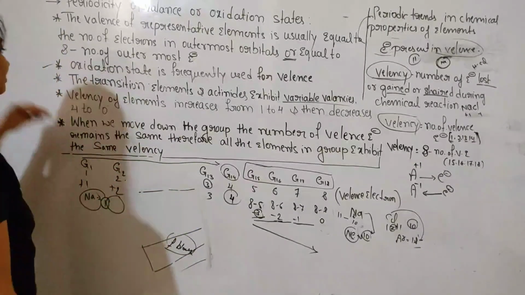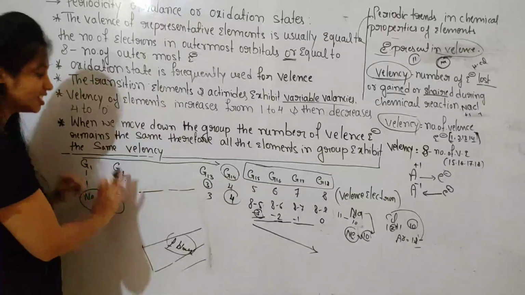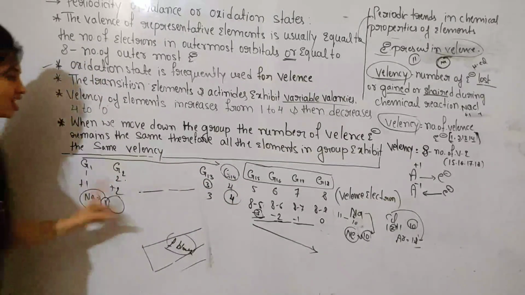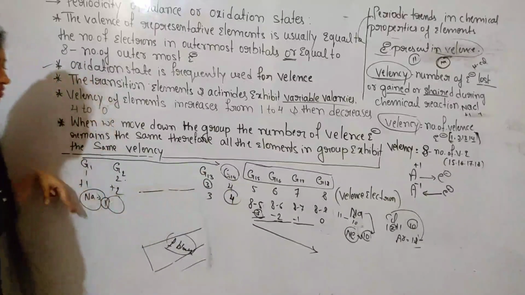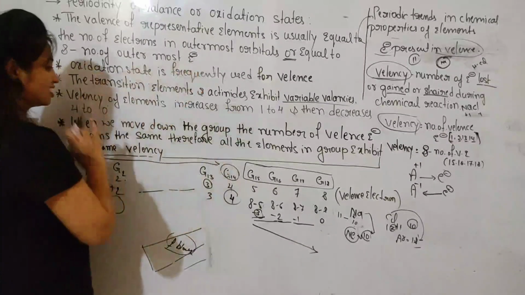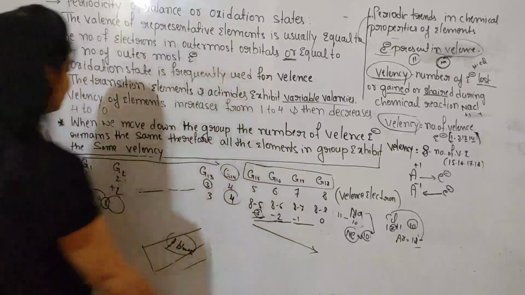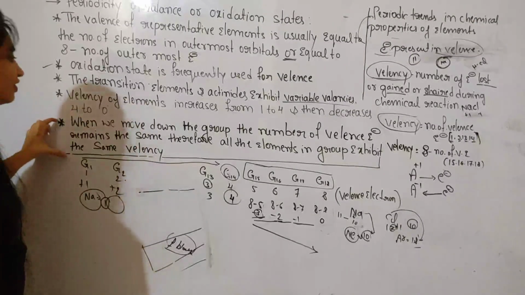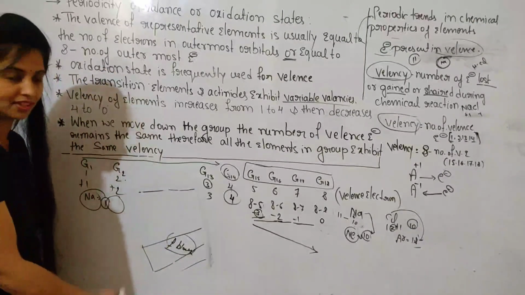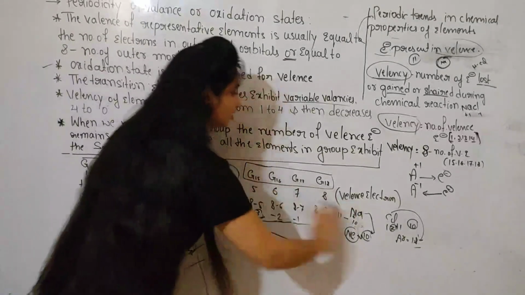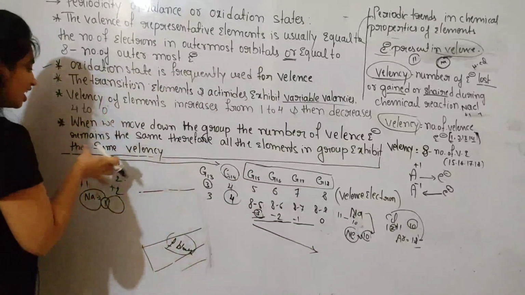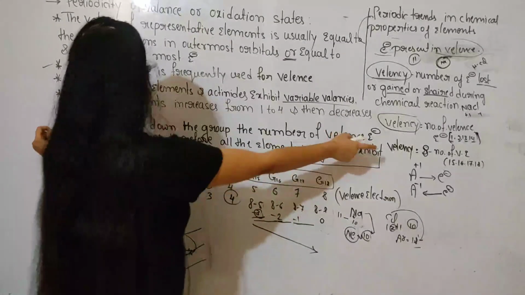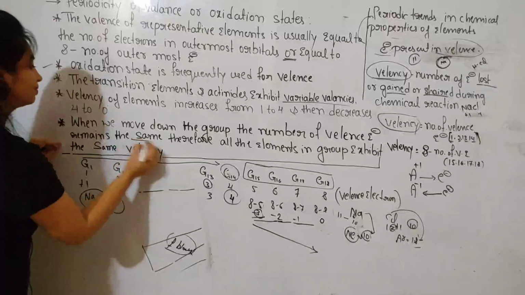And next, the valency of elements increases from 1 to 4. Here I already told you the trend is that it increases first from 1 to 4 and then decreases from 4 to 0. And just observe, when we move down the group, the number of valence electrons remains the same.